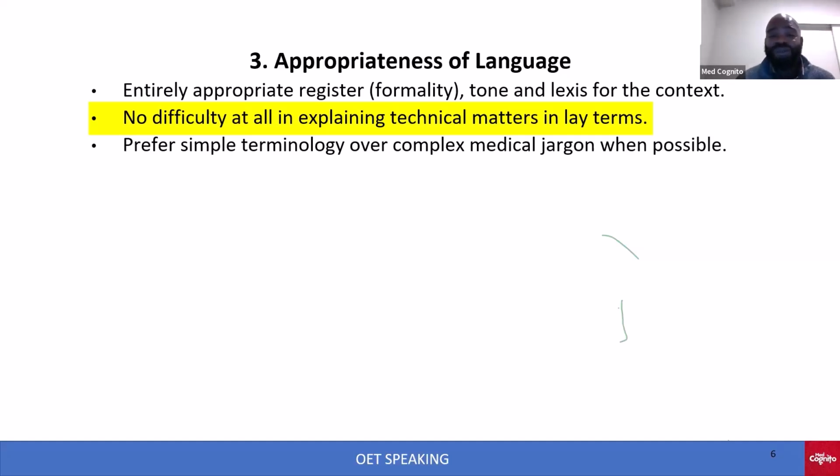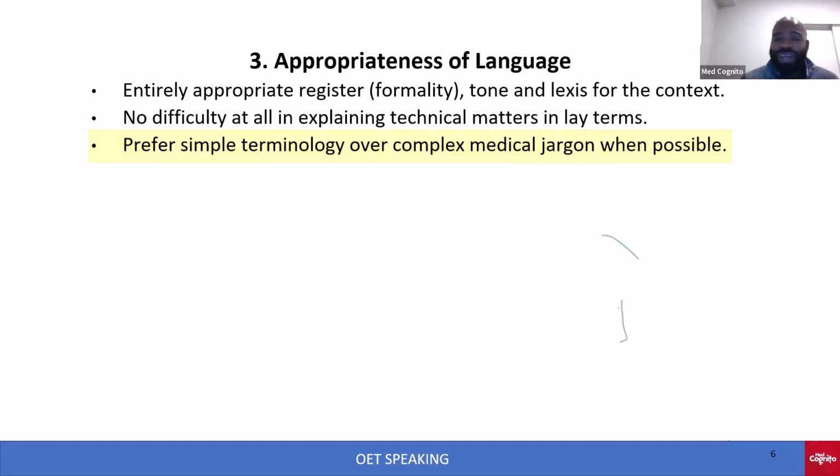And so you would have to break down medical terms into layman terms for that person. During the speaking test, you will be judged on your ability to relay complex technical terms in simple layman terms for the patient to understand.